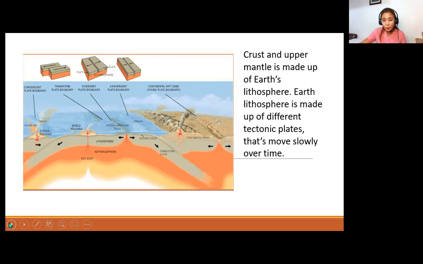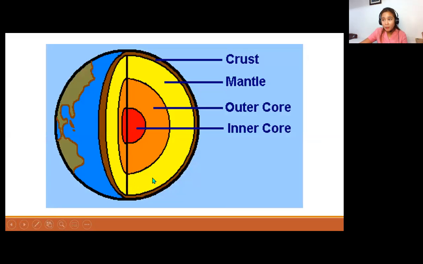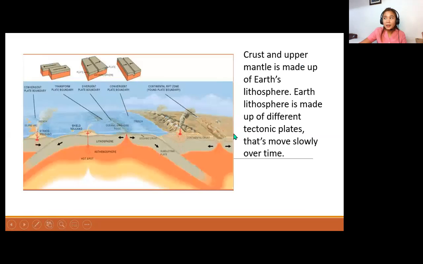Kaya pinakita ko muna sa inyo yung layer of the Earth. Okay? So we have here the crust and then the upper mantle. Crust and then the upper mantle. That is for the lithosphere. Again, Earth lithosphere is made up of different tectonic plates that move slowly over time. So how are we going to explain this?